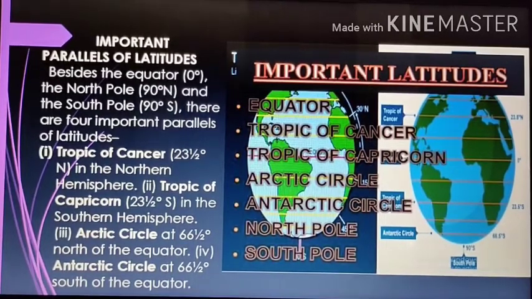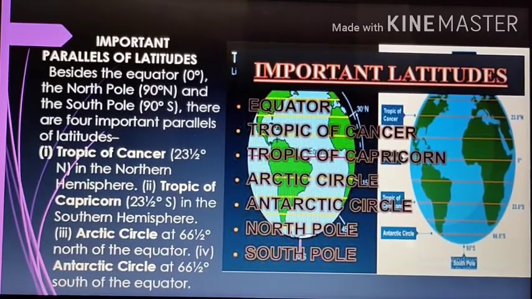Second is the Tropic of Capricorn, which is 23 and a half degrees south in the southern hemisphere. Third is the Arctic Circle at 66 and a half degrees north of the equator. And fourth is the Antarctic Circle at 66 and a half degrees south of the equator. So these are the various important parallels of latitude.